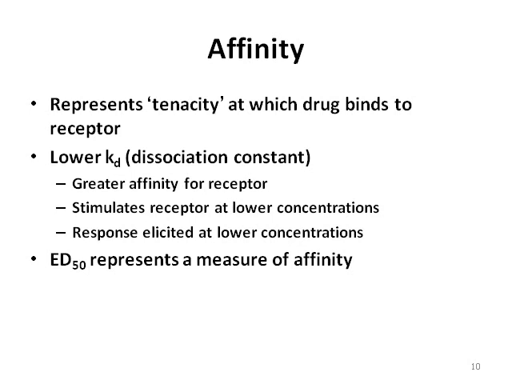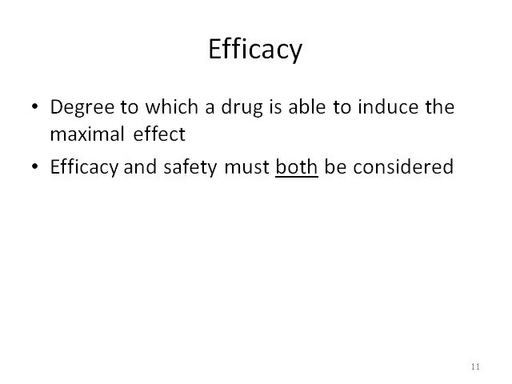It has a greater affinity for the receptor. Generally, drugs that have a lower KD are going to take lower concentrations to get a response because they stimulate the receptor and bind to it much more tightly at a lower concentration. One way that we assess affinity is by calculating the ED50, which stands for the effective dose that occurs at 50% of the response. And so the ED50 gives us an assessment of affinity.